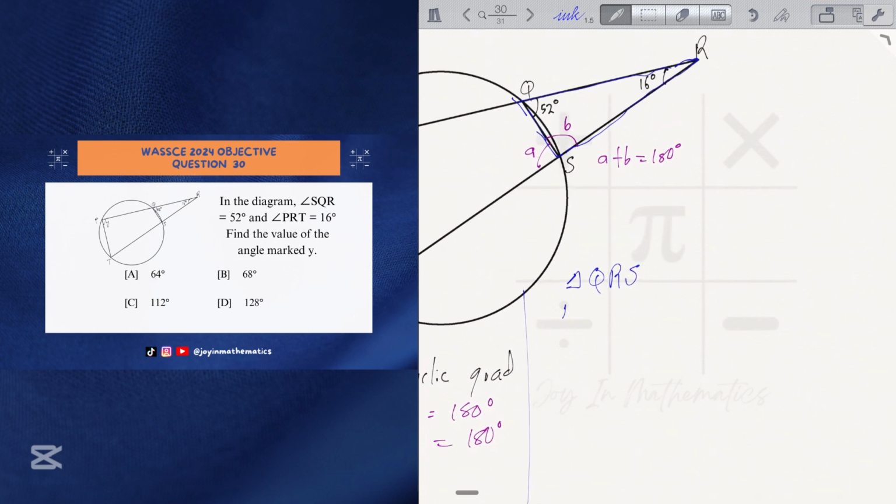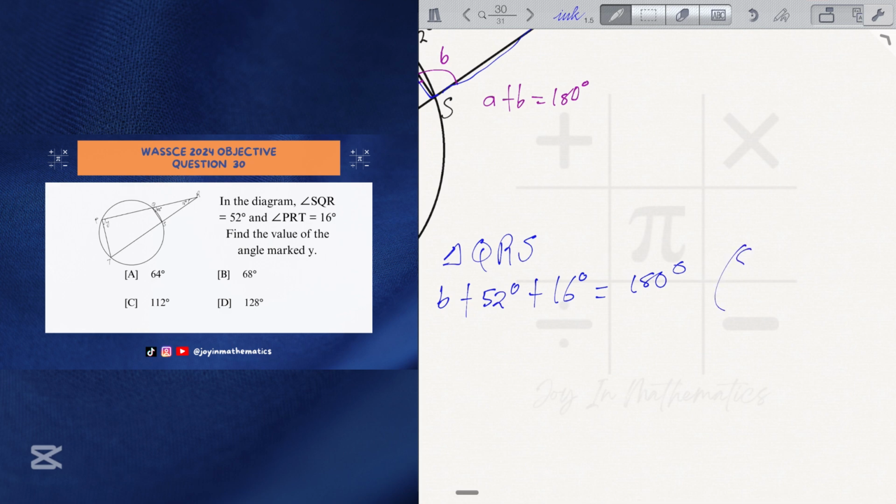So we have B plus 52 degrees plus 16 degrees is equal to 180 degrees. And what are we applying here? The sum of angles in a triangle is 180 degrees.